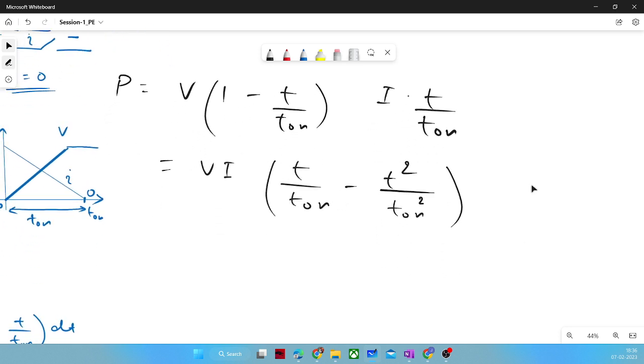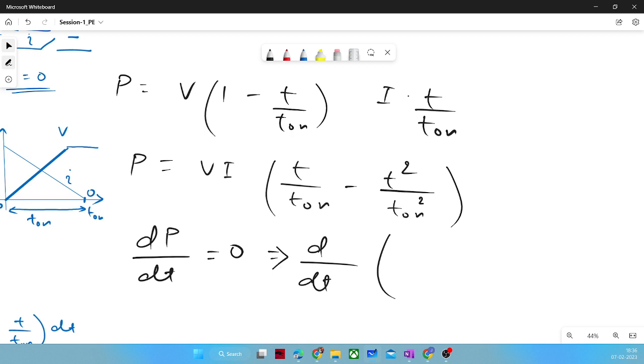If you need to find when the peak or maxima will occur, you need to differentiate it once, dp by dt, and equate it to 0. And anyway V I is constant, so you need to differentiate t by t on minus t square by t on square.